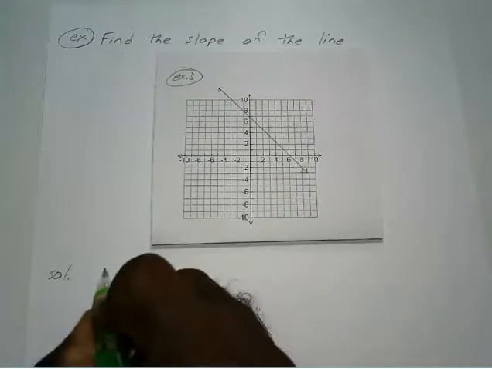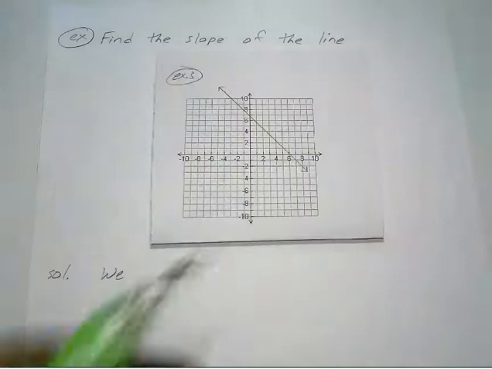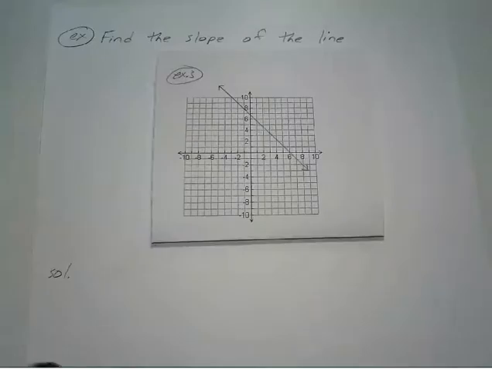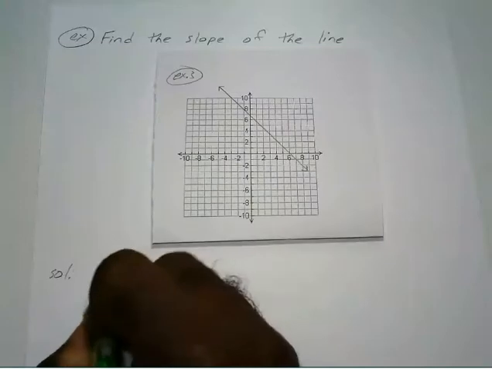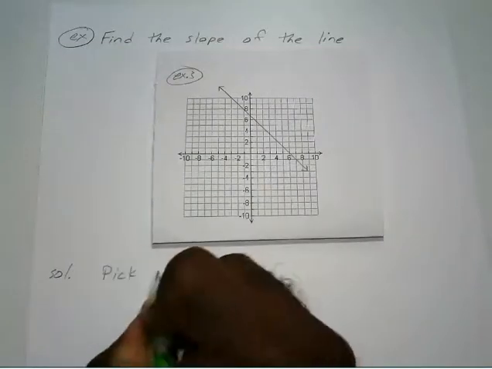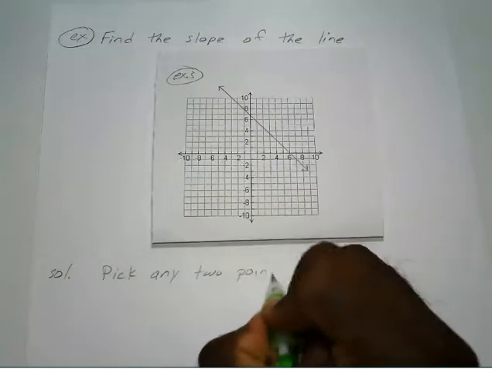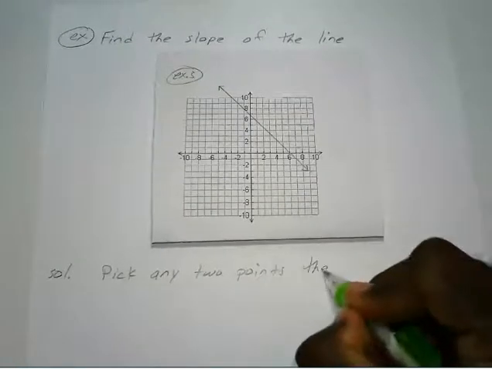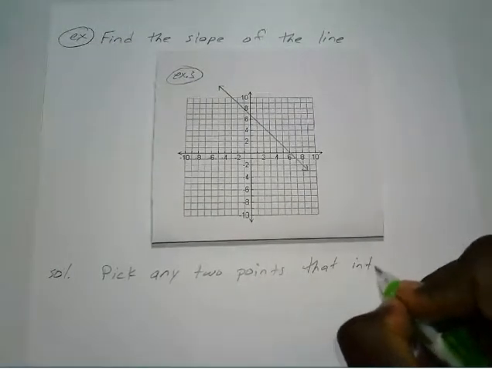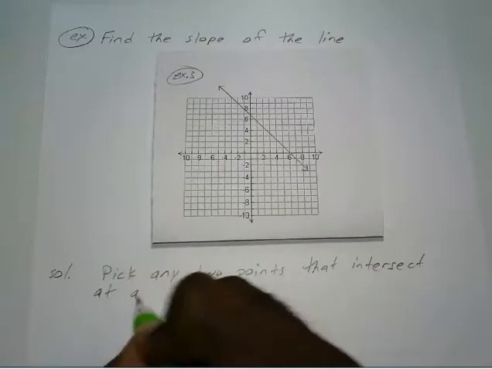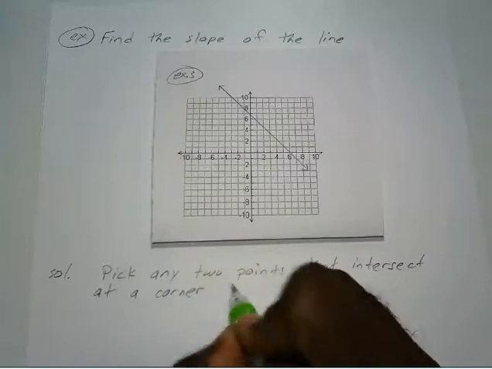Okay, so we have, oh, better yet, let me put the instructions there. So pick any 2 points that intersect at a corner of the graph.